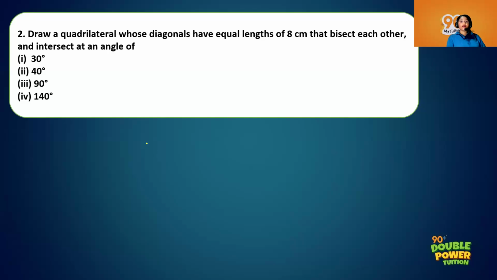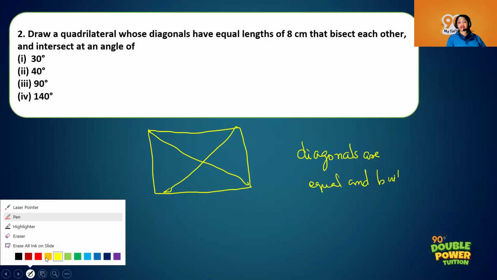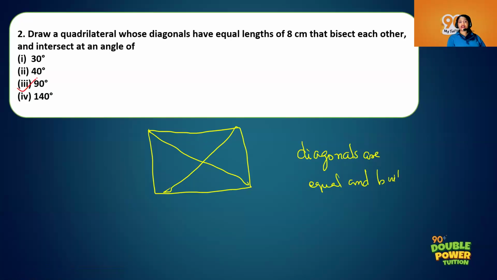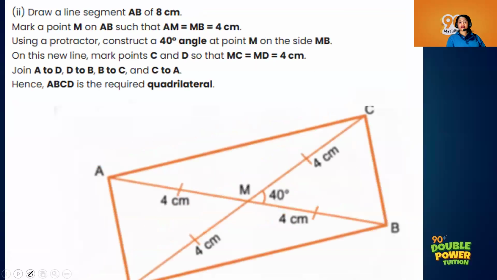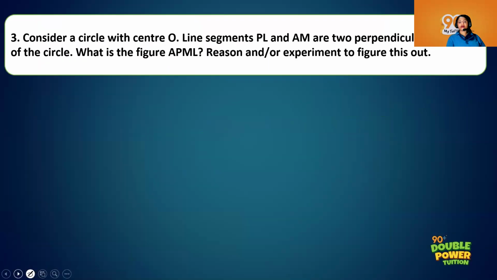Very simple. The properties of a square: diagonals are equal and bisect each other. So each angle of a square is 90 degrees, right? So option C is the correct answer. So that's how you get the answer.